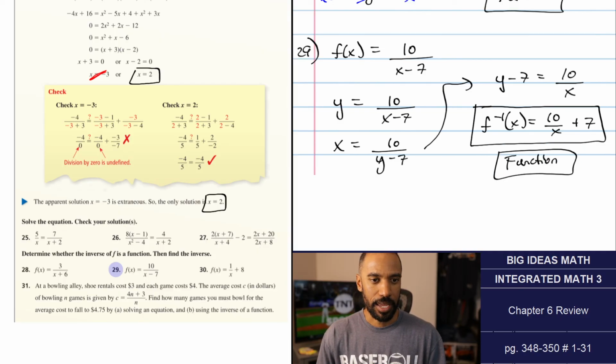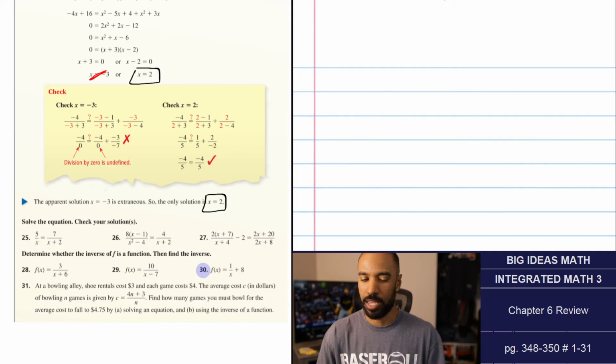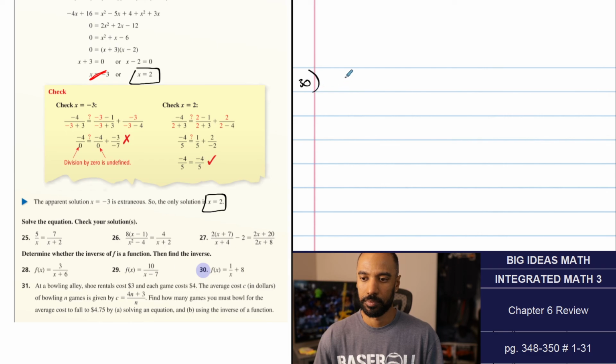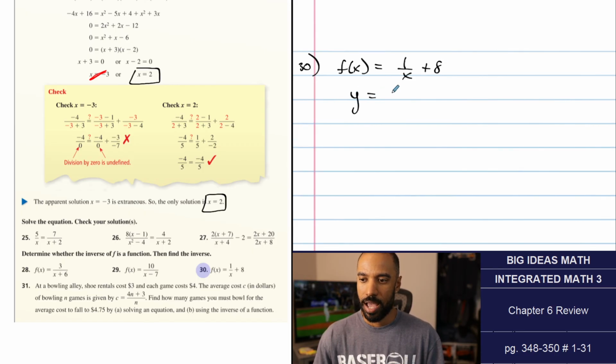And then number 30, a slight variation of the problem. Number 30, we have f of x equals 1 over x plus 8. Turn this into y. Swap x and y, taking the inverse. And now let's solve for y.